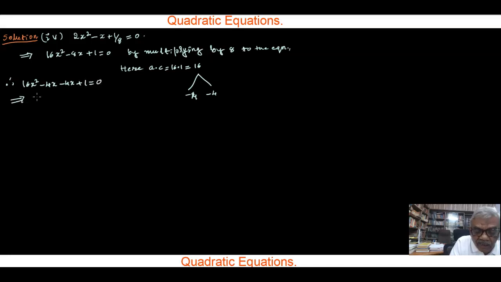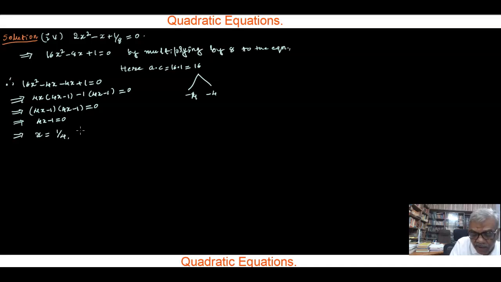That is what I can write down, 4x into 4x minus 1 minus 1 into 4x minus 1 equal to 0. That is 4x minus 1 into 4x minus 1 equal to 0, that is 4x minus 1 equal to 0. This implies x is equal to 1 by 4, a repeated root.